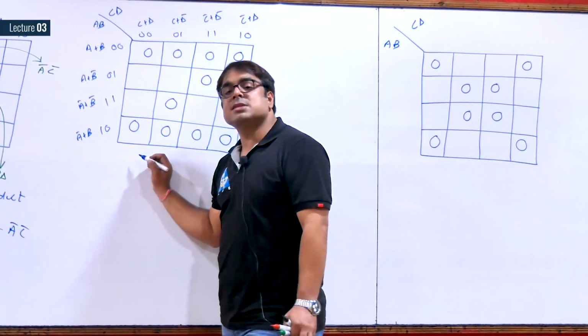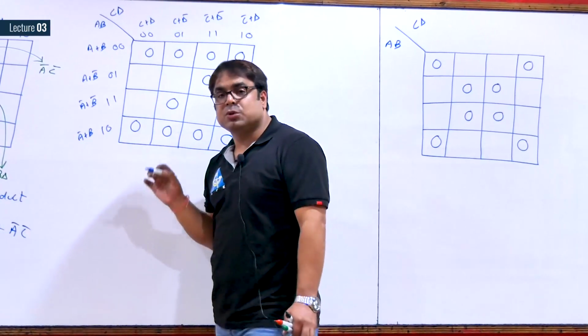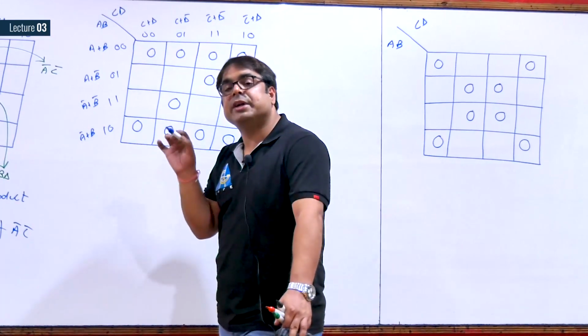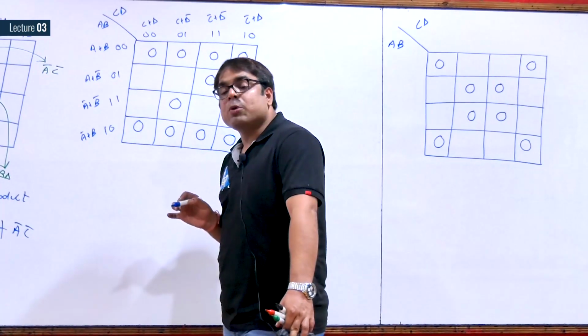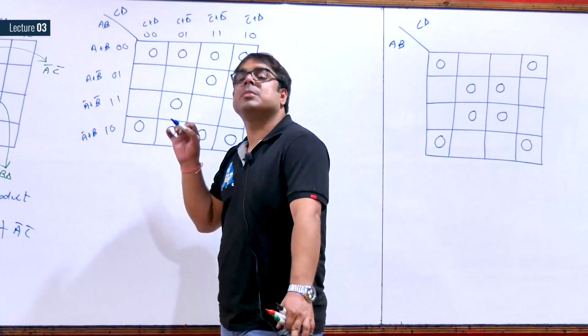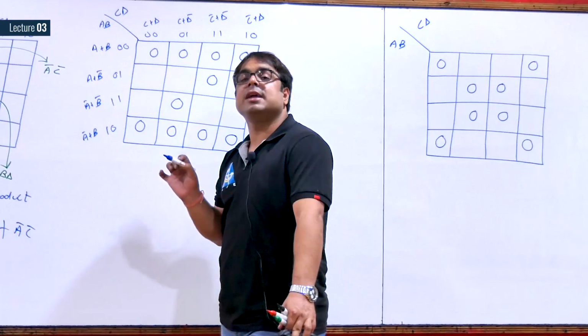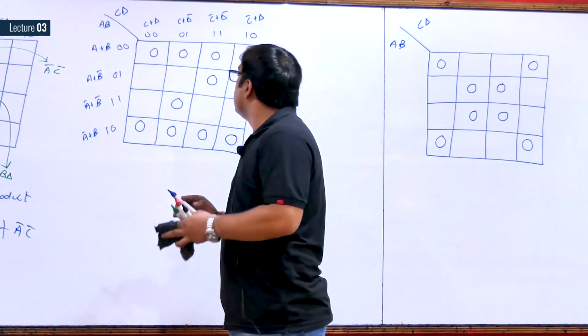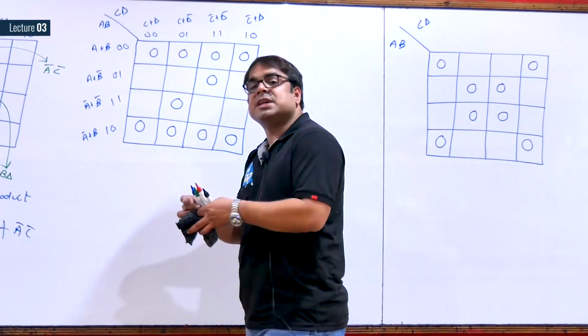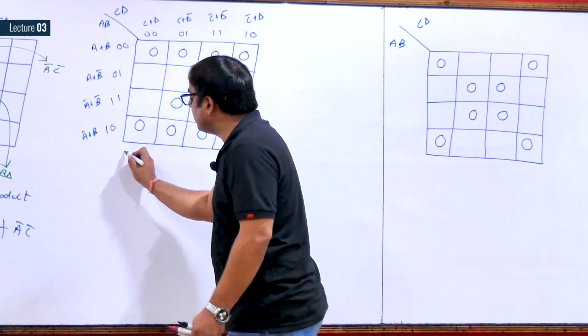Now in POS, we want to make groups of zeros because we are concentrating on max terms. For POS, max term is logic 0 at the output, so we are interested in making groups of zeros. Now see the largest possible group visible to you.